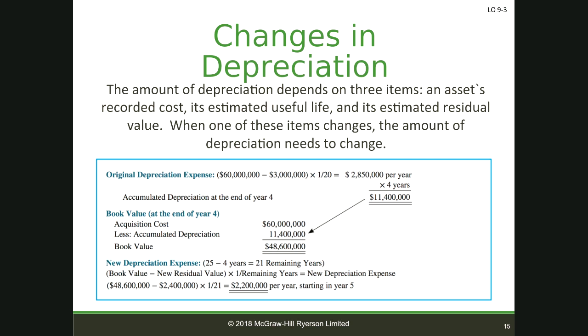One point I'll mention here that we didn't talk about in last class, when we talk about the estimated useful life of an asset, that is the period of time that we own the asset that it will be economically useful. We may actually legally own the asset for a much longer period of time. So for example, we may build a manufacturing building and use that building for 40 years.